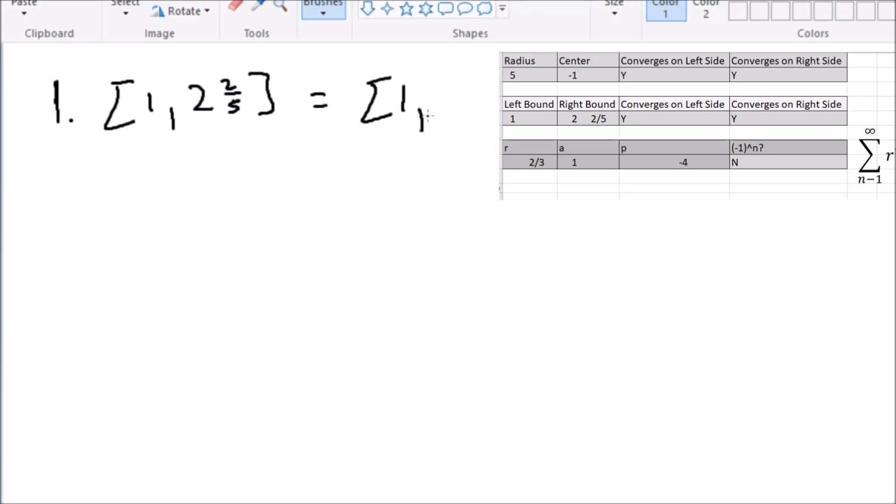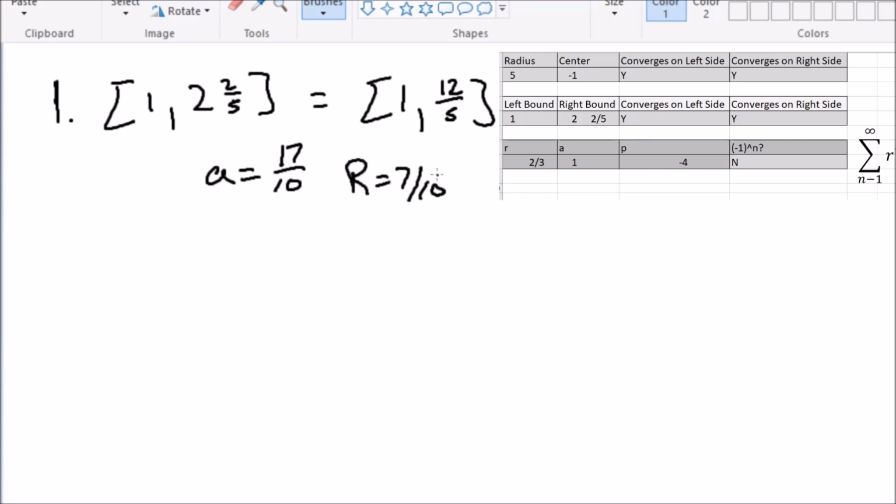This is from 1 to 12/5, which is 5/5 to 12/5. So it looks like my center is going to be at 17/10, which means my radius is 7/10.